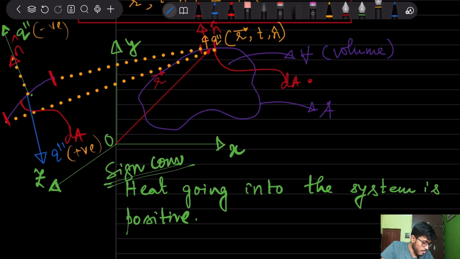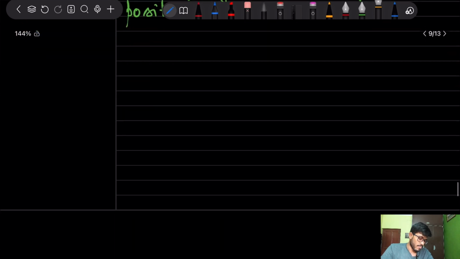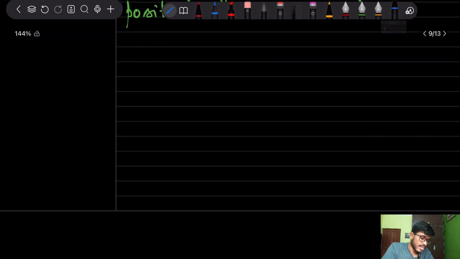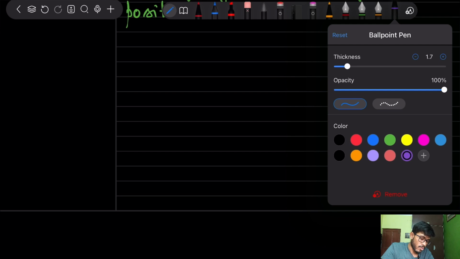Now this is what I have drawn for the case of heat flux. If I want to represent the same situation in terms of the heat flux vector, then what will be the situation when my heat is going out of the surface? Let me draw it here only.